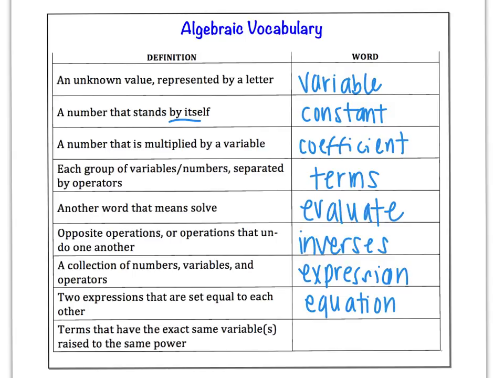And finally, terms that have the exact same variable or variables raised to the exact same power are what we call like terms. Hopefully most of these seem familiar, but keep watching to look at examples of labeling each of these within an expression or an equation.